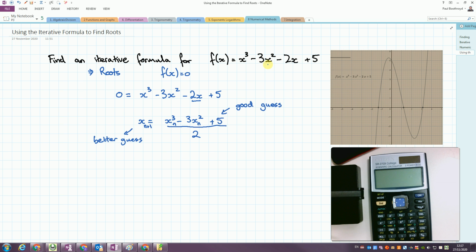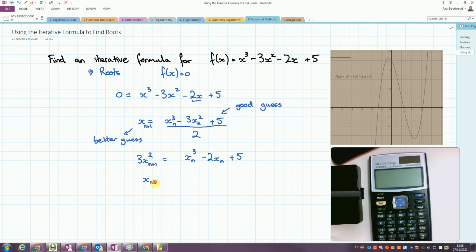Let's go for the second one, which is, let's look for the x squared term. So we're going to pull out the 3x squared, and we're going to call that x(n+1). And now we've got x cubed, which is of n, minus 2xn plus 5. So this is my nice solution, we think.